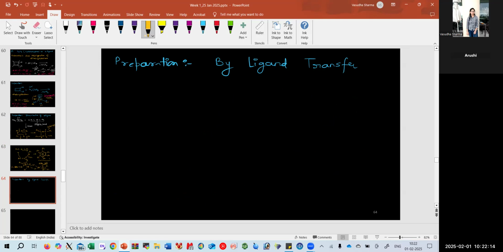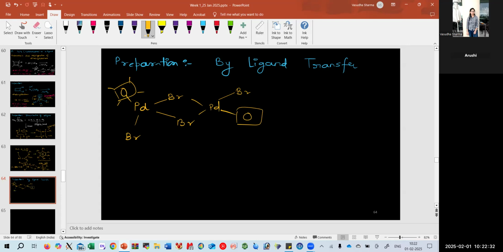So if we have the same complex that we just made, the cyclobutadiene one, having bromine instead of chlorine, and so on, right? So now here I'm doing R and R, where R is equal to Ph. Same thing here also.